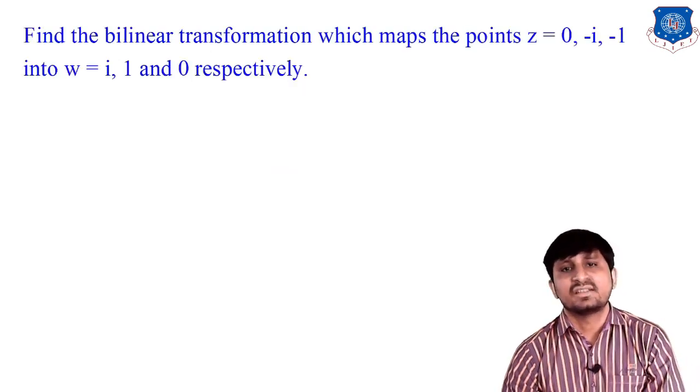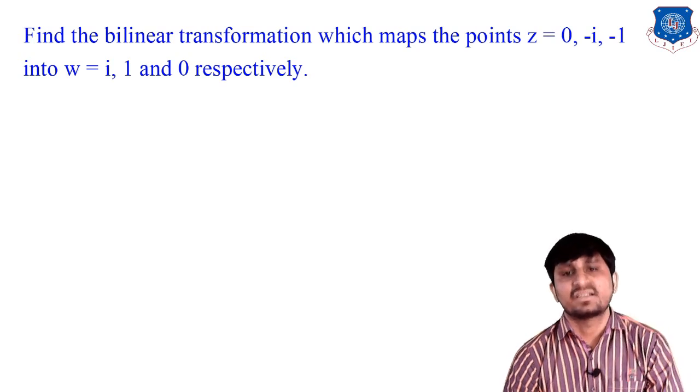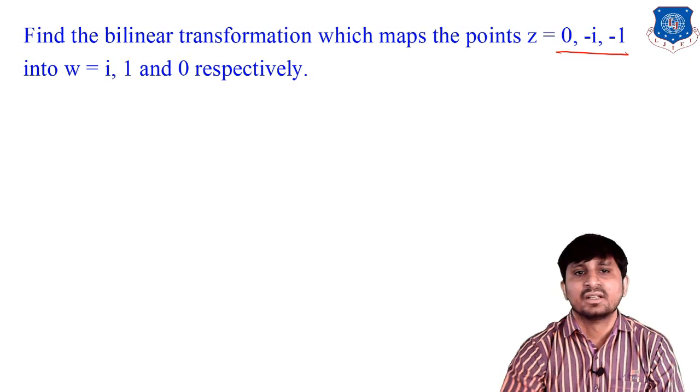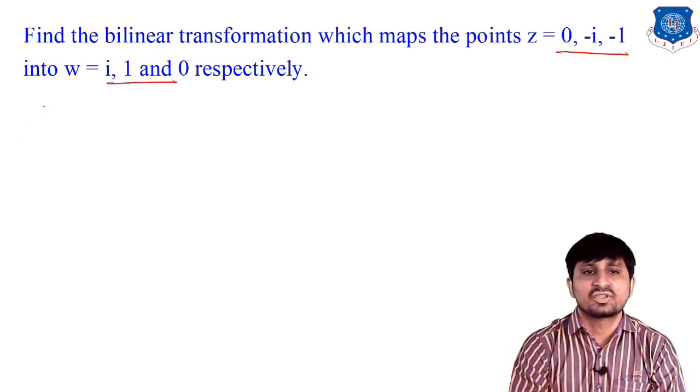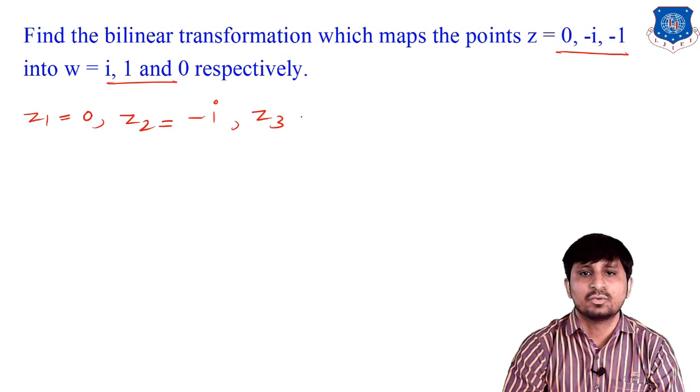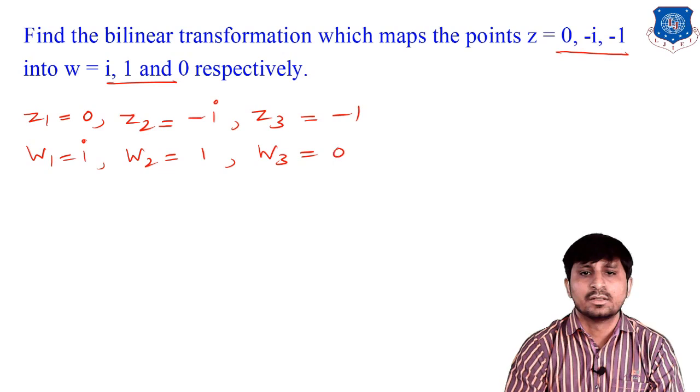This is our first example: find the bilinear transformation which maps the points 0, minus i, minus 1 to i, 1, 0. So z1 is equal to 0, z2 is equal to minus i, z3 is equal to minus 1, and w1 is equal to i, w2 is equal to 1, and w3 is equal to 0.